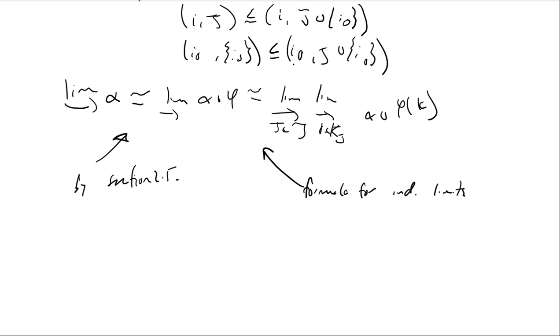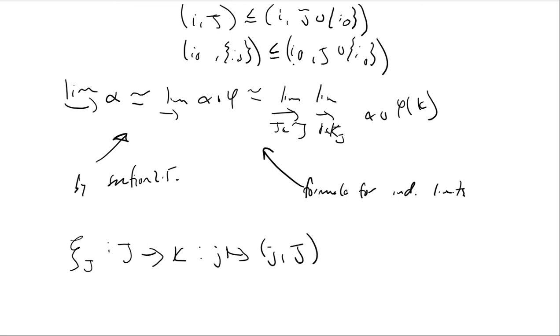We consider the functor Cj, j to k, which takes j and sends it to the set j, j. This functor is cofinal. You can see this sort of by staring at it.